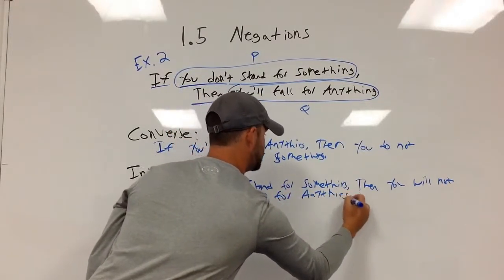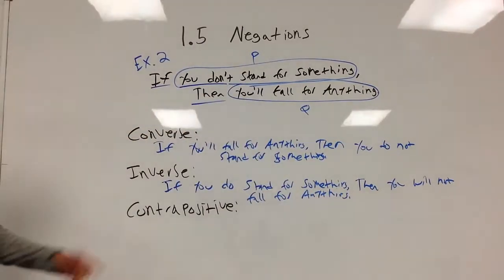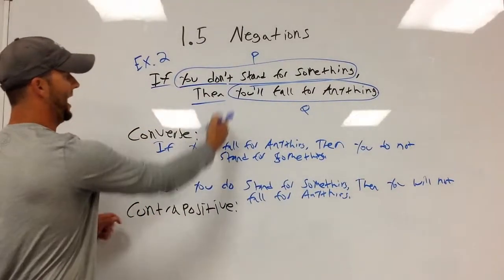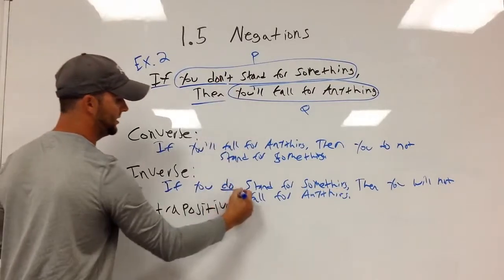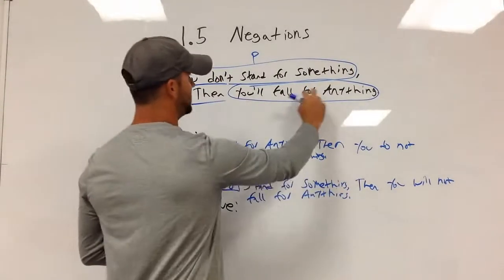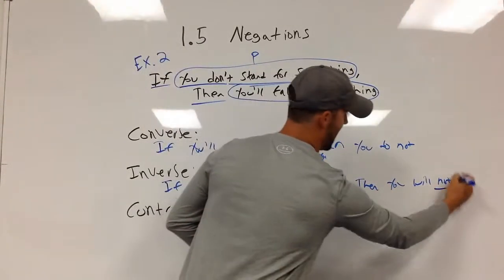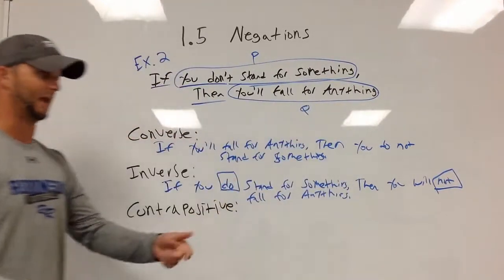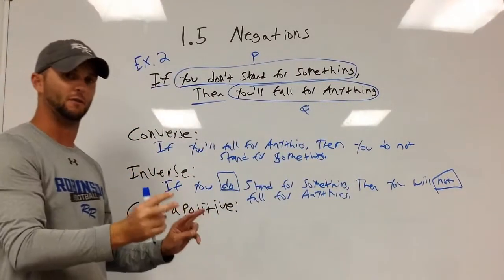That, ladies and gentlemen, is going to be your inverse because I negated both of them. I changed don't into do, and I changed will fall for anything into will not fall for anything. I put the not, so I negated both of those.